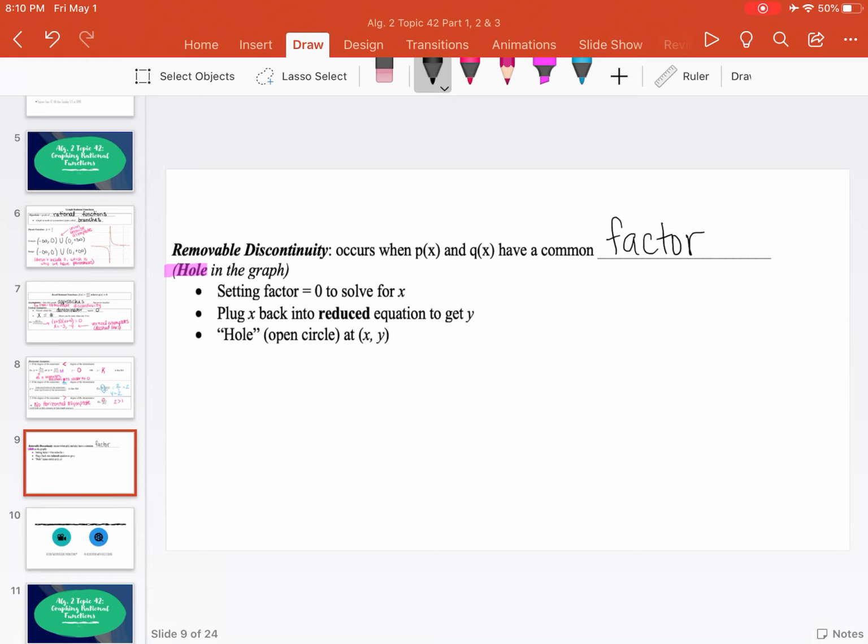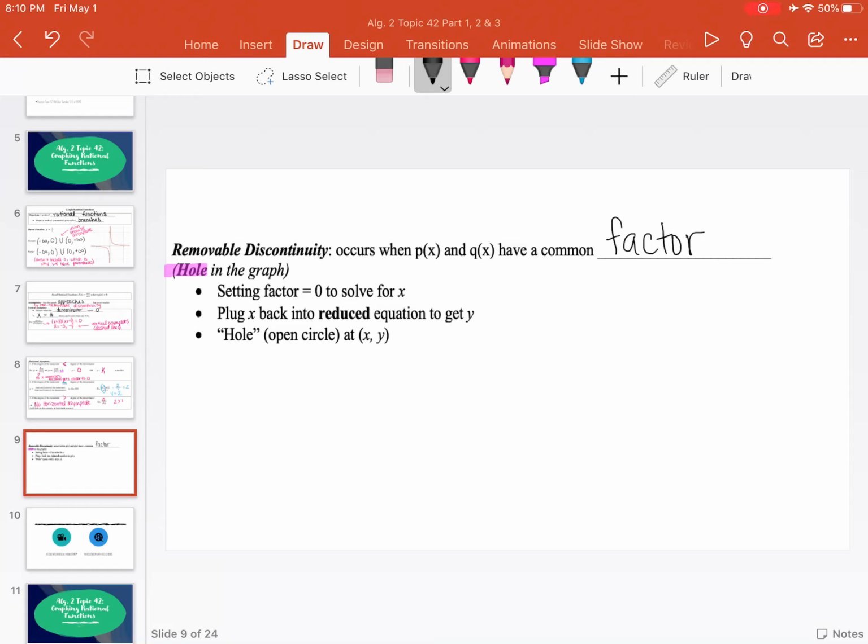So in order to figure out where this hole will physically appear in our graph, we're going to take our factor and set it equal to 0 in order to solve for x, just like we were doing with a vertical asymptote where we solve for x. However, a hole is going to be a point on our graph. So we need a y value for this. So we can plug our x back into the key point here, back into the reduced equation to get y.